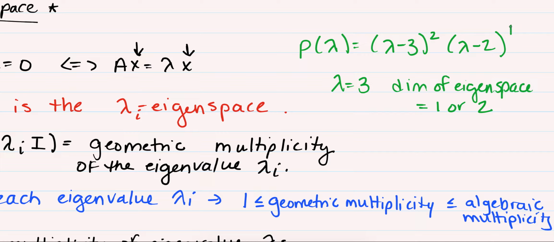If you have a power 1 here, then the dimension of the eigenspace has to be 1, because it's between 1 and the algebraic multiplicity, which is also 1. So here you might have only one basis vector for the eigenspace, or you might have two. But for this particular eigenvalue, you will have one basis vector for the eigenspace.